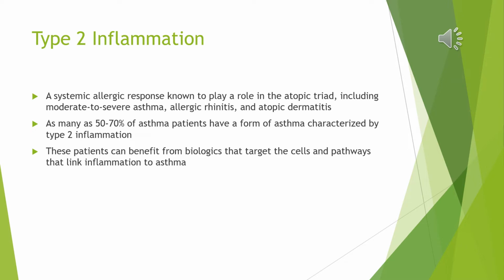As many as 50 to 70% of asthma patients have a form of asthma that's characterized by this type 2 inflammation. So this is something that you should keep in mind if a patient presents to you with moderate to severe asthma symptoms, because these patients can benefit from biologics that target the cells and pathways that link inflammation to asthma. And we will talk briefly on these biologics toward the end of the presentation.